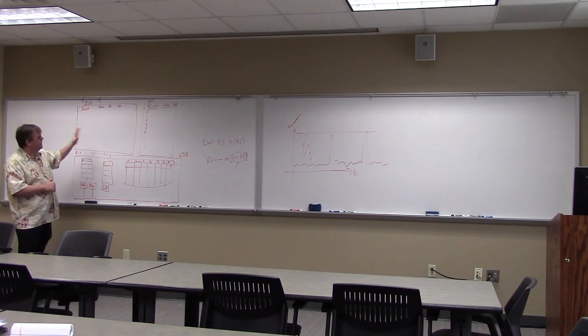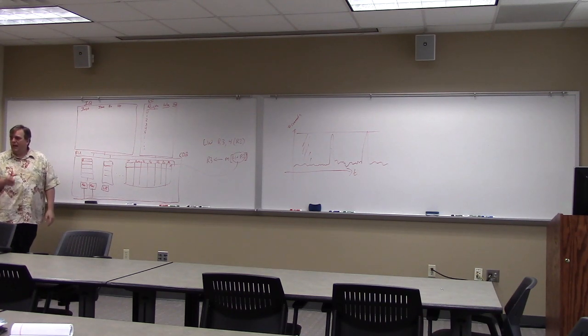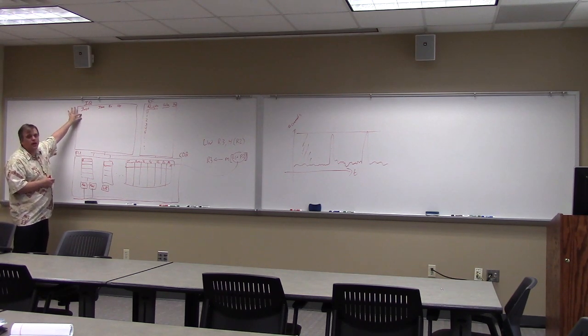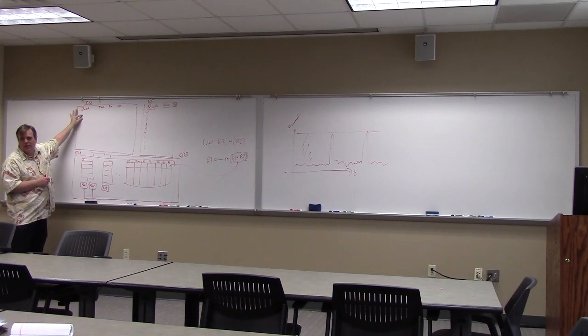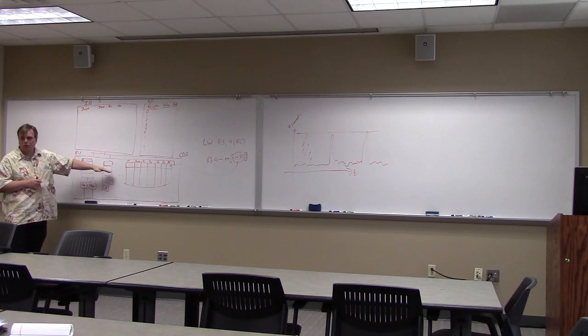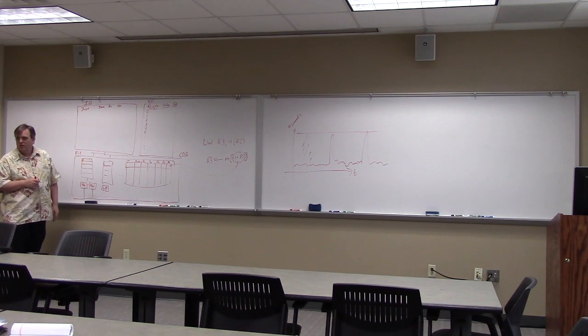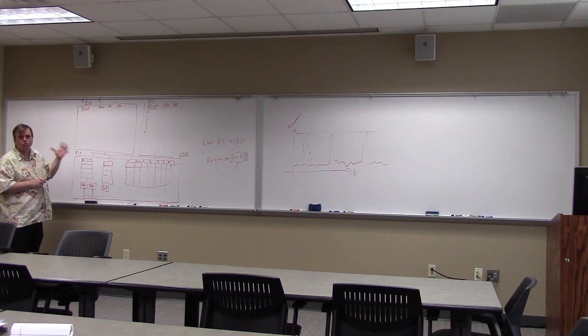Well, one nice thing about this system is it's not bad actually for handling a multiple issue type instruction, because if you think about it, if I'm going to issue 2 simultaneously, particularly if I make sure they're not going to the same unit, it would be much easier to issue 2 things to 2 different units. Now, what would you need to know if I told you I was going to issue 2 instructions at once?